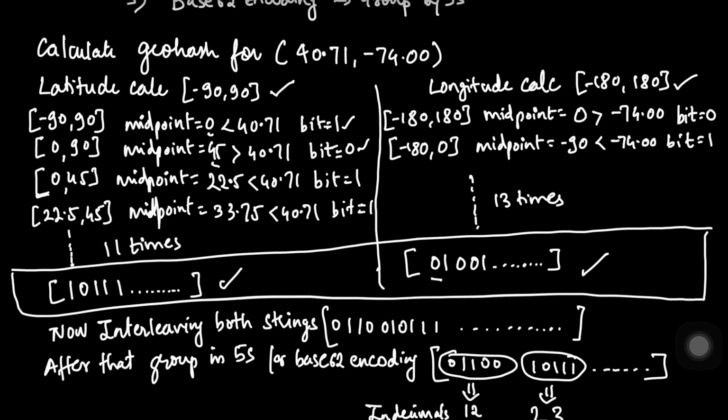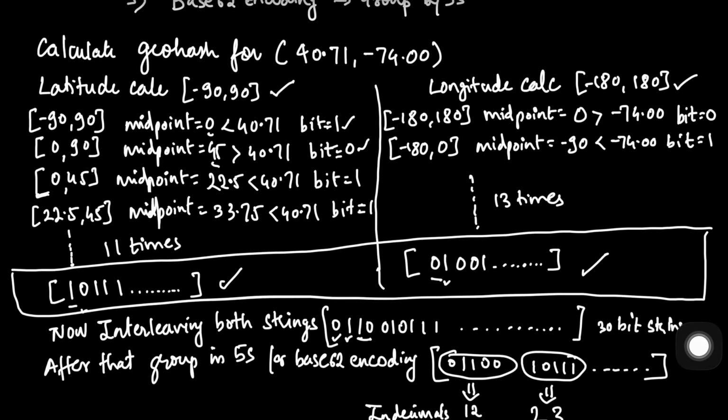So if you see over here, 0 is taken first, then we take one character from the latitude string, which is 1. Again we go with the longitude's second character, which is 1 over here, and 0 from latitude. So we have 1 0. Similarly we interleave both strings, and then we get a 30-bit string at the end.